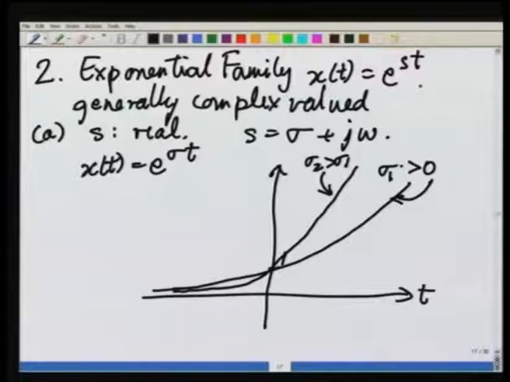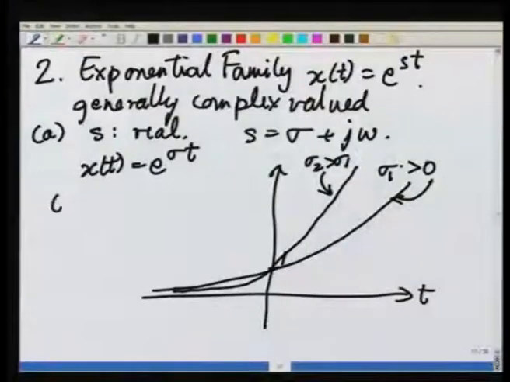Thus, between e to the sigma 1 t that we have here and e to the sigma 2 t that we have here, e to the sigma 1 t is greater than e to the sigma 2 t for t less than 0, and the opposite is the case for t greater than 0.